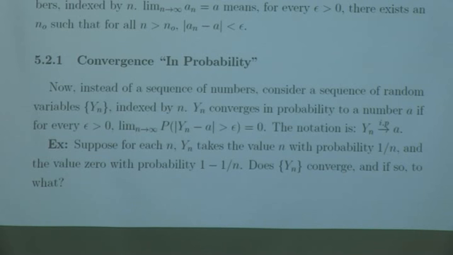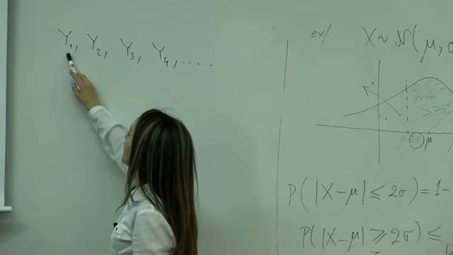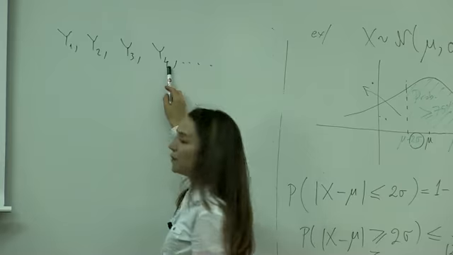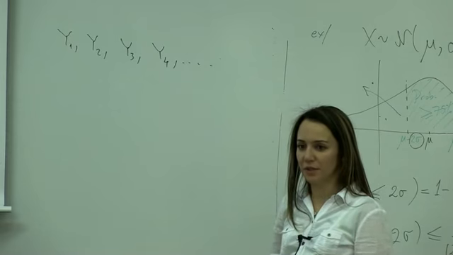But if you're not getting any better as an athlete, if you take averages long enough, for a sufficient number of days, you sort of expect the average to converge. So Y1 could be the average of just one sample. Y2 is the average of 2 samples. Y3 is the average of 3 samples. Y4 is the average of 4 samples, etc. So they're all random variables, but I can list them as a sequence.